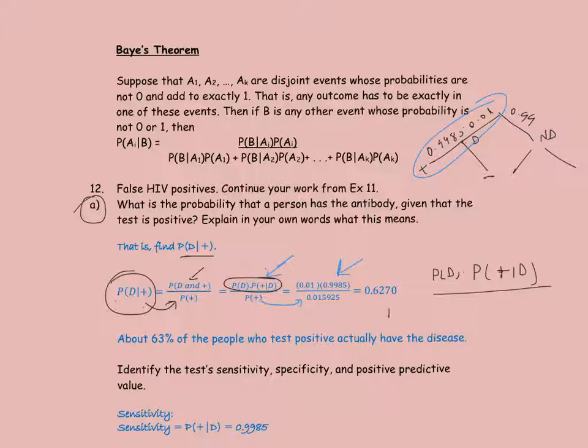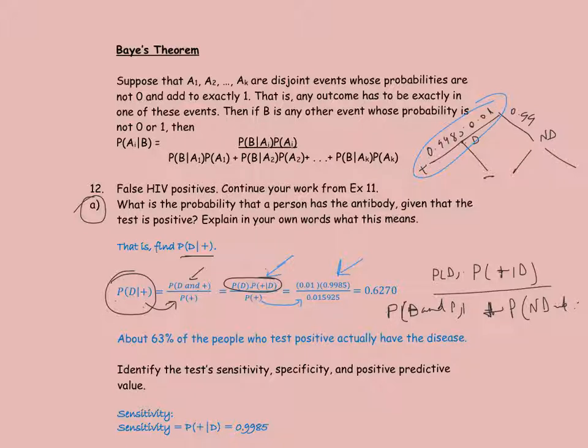If you remember, we got that by saying there are two cases. The test could show positive when you have the disease and positive when you do not have the disease, which means the probability of positive is the probability of disease and positive, plus the probability of no disease and still shows positive.